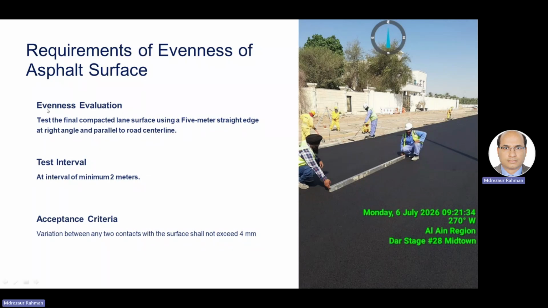The usual practice is a 5 meter length aluminum straight edge. I believe at site we are following this, so make sure it is 5 meters. One is longitudinal, another is transverse, both ways, and should be taken within every 2 meters.